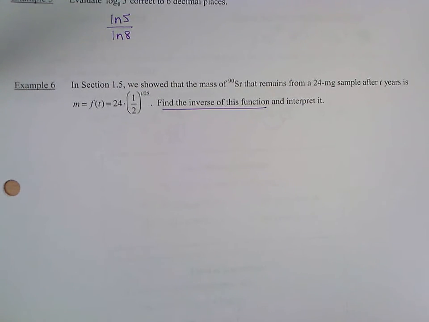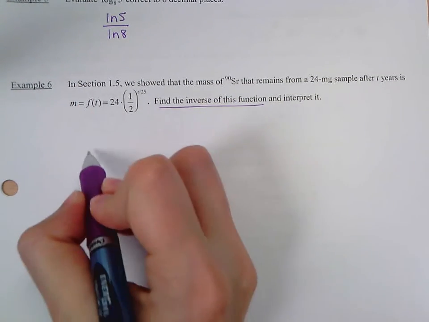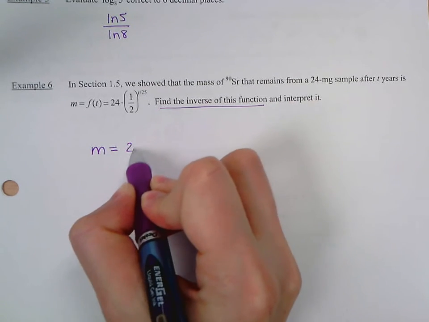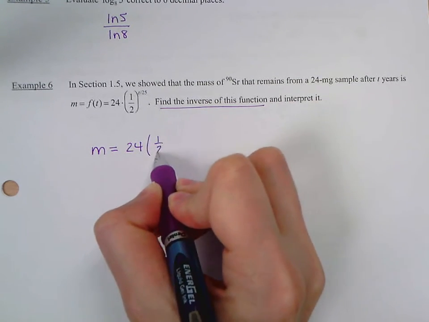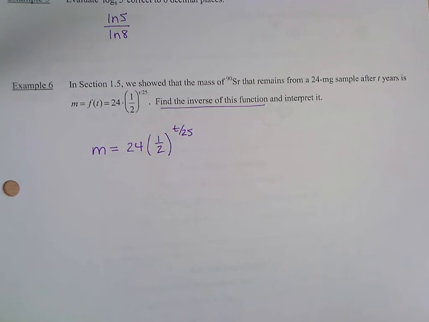So I know I have m equals f of t. I'm going to keep it as m. So we have m equals 24 times 1/2 to the t over 25. When you have a function where your variables aren't just x and y, and they represent specific quantities, like m represents mass, t represents time, you do not want to change the variables.